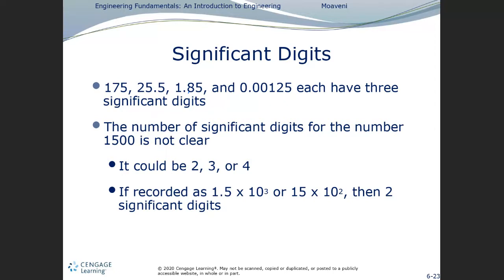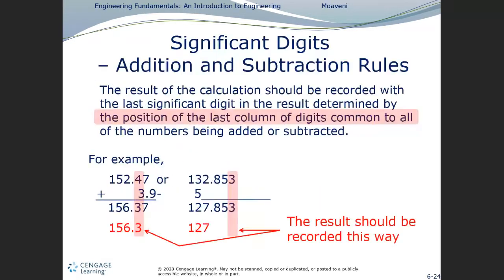And you already know when you're subtracting, you need to keep the decimals or the units aligned. So 152.47 minus 4 minus the 3 is incorrect, right? You need to have your decimals aligned. It'll be 152.47 minus 3.9.